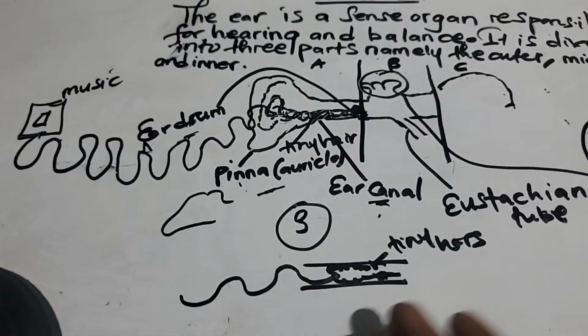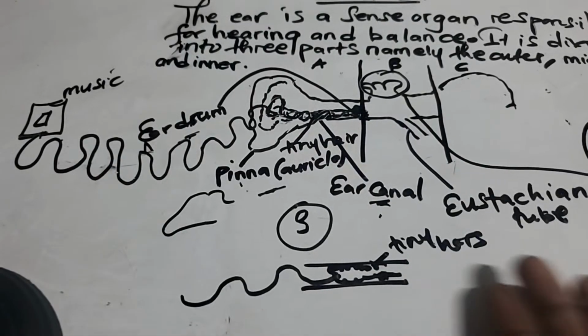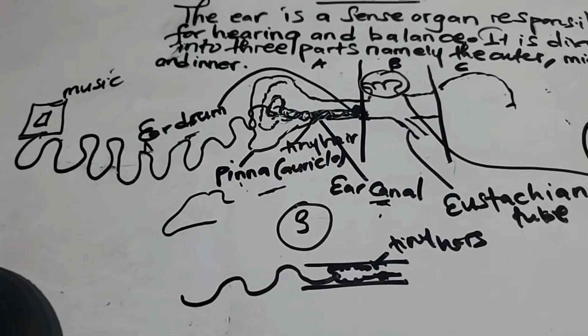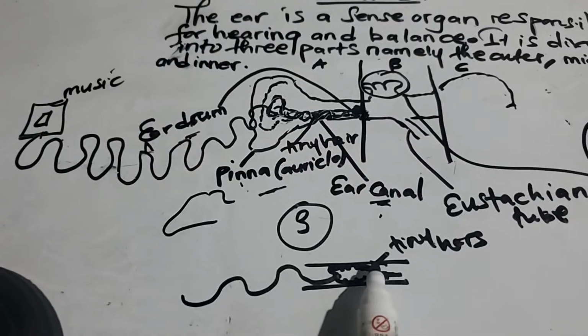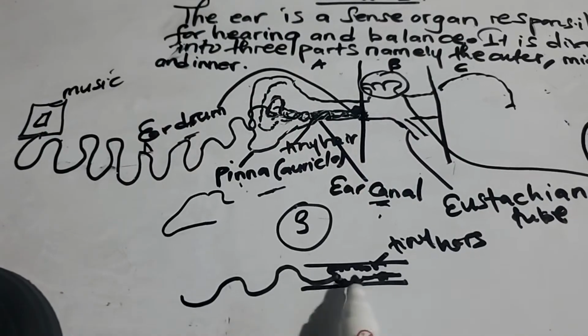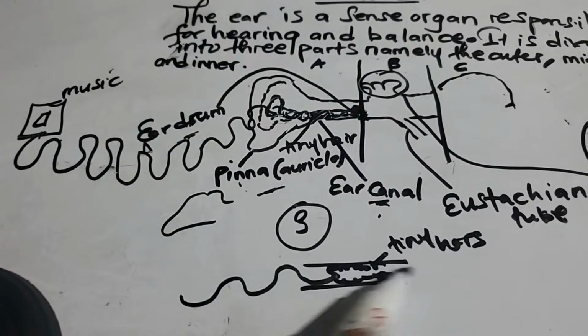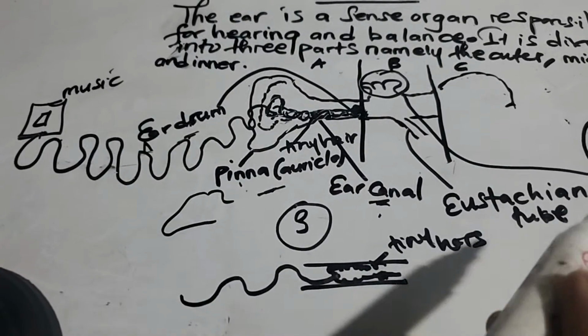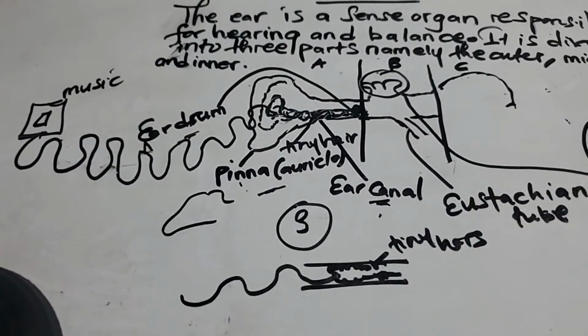They also prevent the ear from different infections. Just imagine if these tiny hairs were not available, anything would just be entering the ear, and even the middle part and the inner part of the ear would be affected, actually damaged.